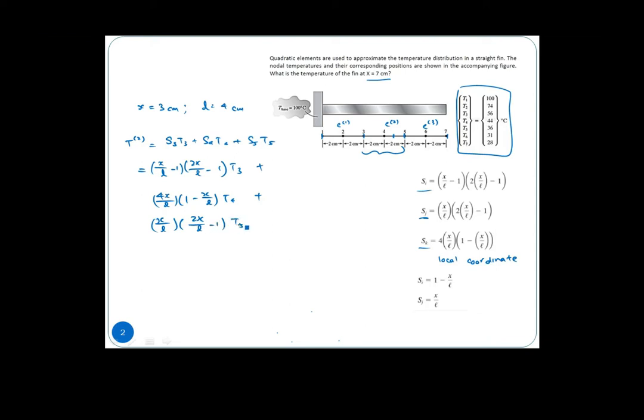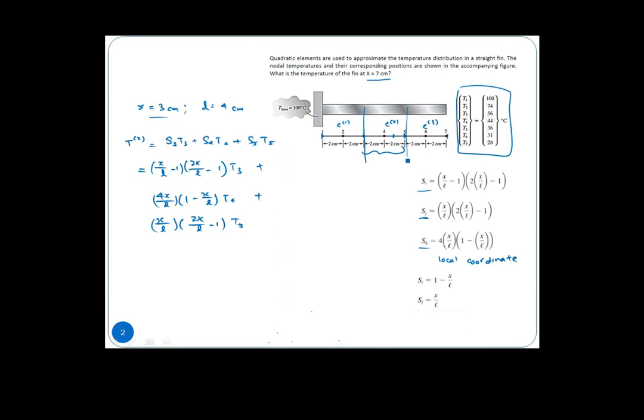Let's substitute everything in. We have x is 3 in local, in element number 2, and L is 4.